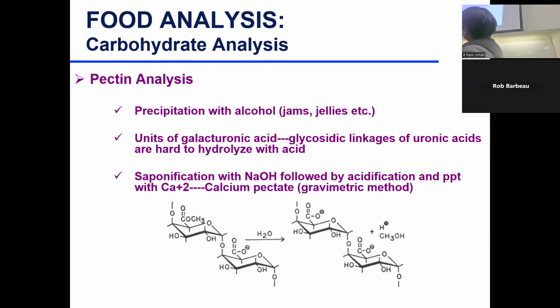But the saponification de-esterifies and removes that methyl group, and you only have carboxyl groups. If you add divalent ions like calcium, you precipitate the pectin into calcium pectate, and then you measure the weight. That's how you do it.